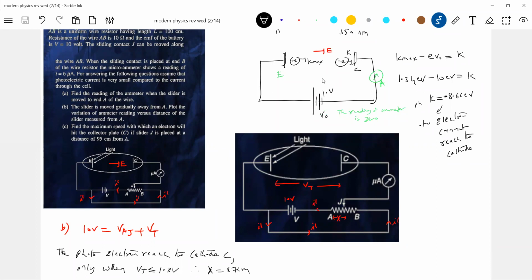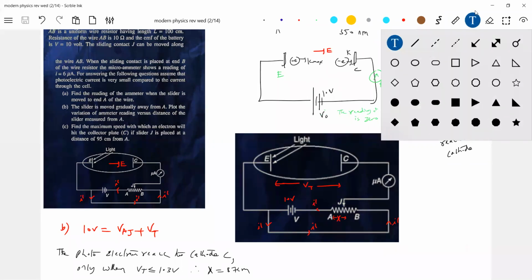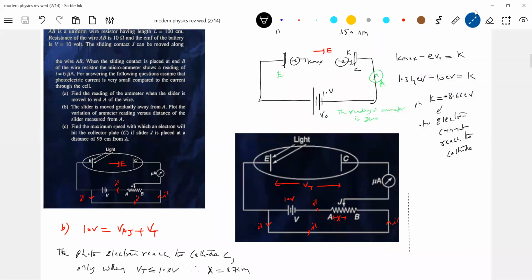He's asking to plot the graph. Somewhere this is 87. How should the curve be? Initially it is zero, so it will be a straight horizontal line.